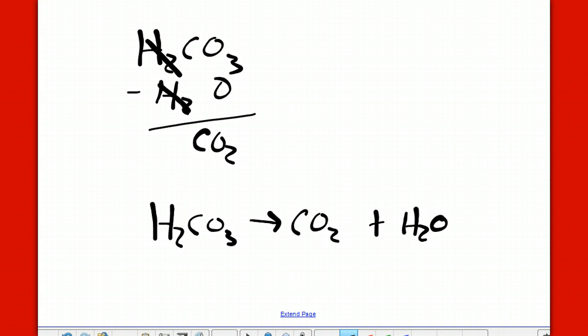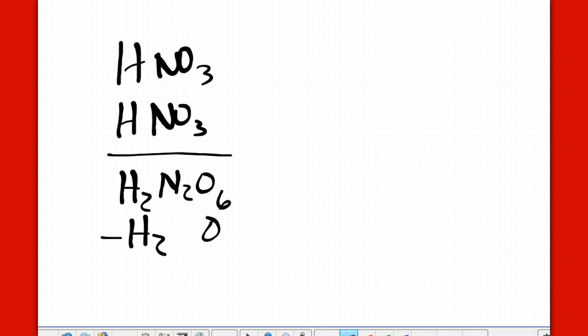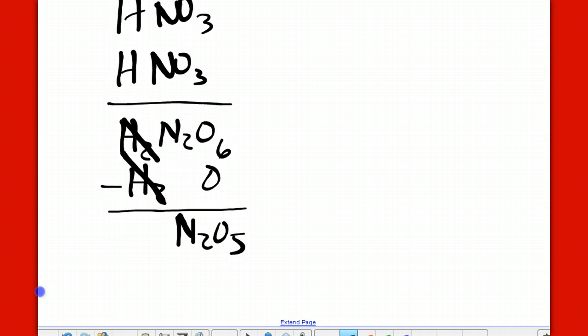Now, if there's an odd number of hydrogens, then there's a little trick. For example, nitric acid. There's only 1 hydrogen, so you can't subtract H2O. So what we do, and this is just a gimmick, is add 2 of these together. You'll get H2N2O6. Now subtract H2O. So there your hydrogens cancel out. You're left with N2O5.